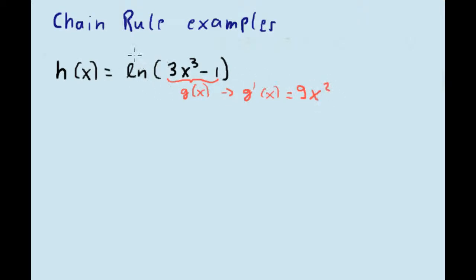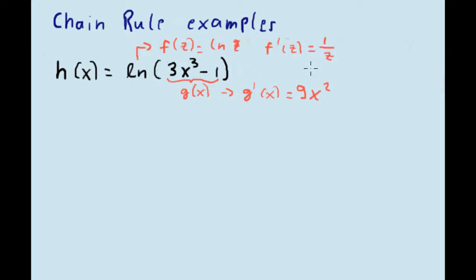Now ln is our outer function, so f of z is equal to ln z. z is a placeholder. It follows that f prime of z, remember the natural log is a special derivative, and the derivative of that is just 1 over the argument.